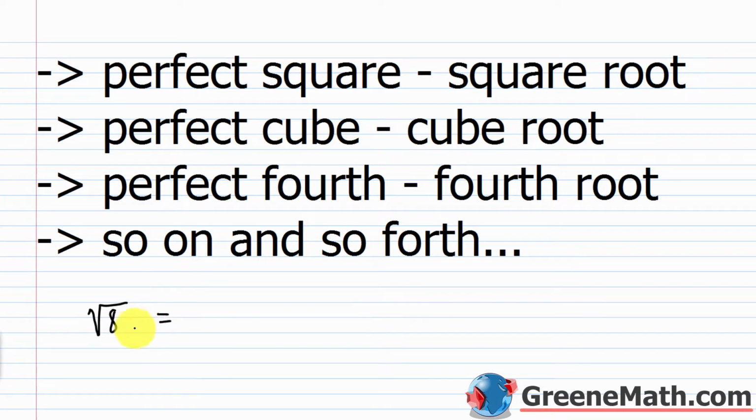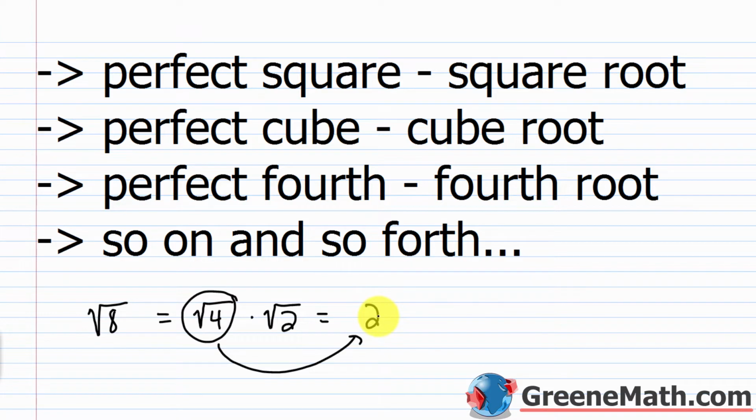So I can put that this is equal to, and I can split this up as the square root of 4 times the square root of 2, and the square root of 4 represents a rational number 2, right? It's a perfect square. So in order to simplify this, I just replace it with its rational number.